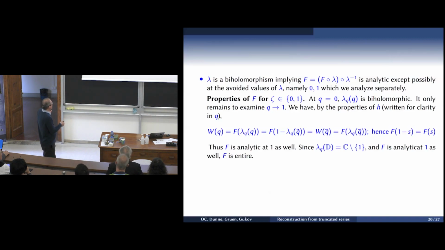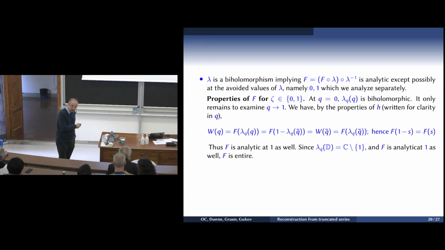So I have to see what F does at 0 and 1, therefore. And for that purpose, I'm going to go to the unit disk, where this lambda is biholomorphic at 0, lambda of Q being the inverse elliptic nome. It has a Q series at 0.